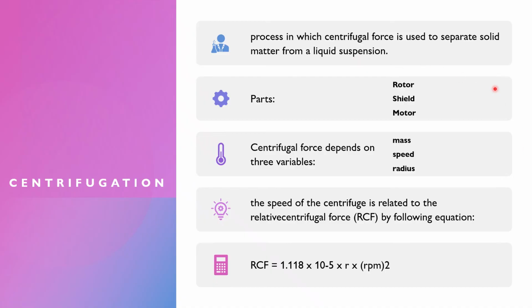The centrifuge carries out this action, and it consists of a head or rotor, carriers or shields. They're attached to the vertical shaft of a motor or air compressor and enclosed in a metal covering. The centrifuge always has a lid and an on or off switch.